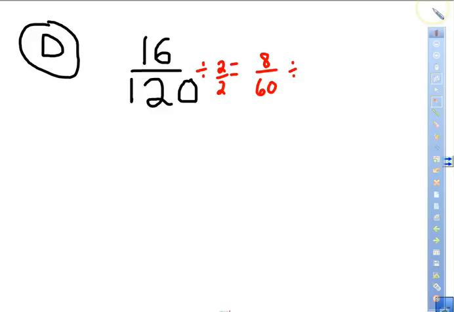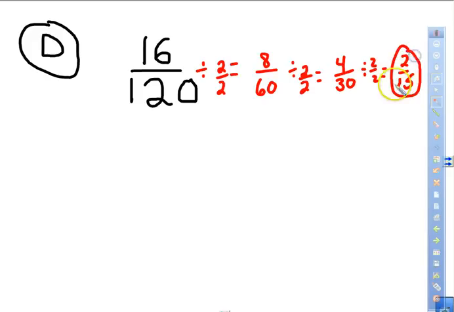There might be a larger number that would work for them as well, but if you're not sure, again, you can always divide by that even number of 2. So then we get 4 and 30, and we see that they're still even numbers, and so we can divide those by 2, and you see that you get 2/15, and 2 is a prime number. If 2 doesn't go into 15 equally, and it does not, then we have our final answer.